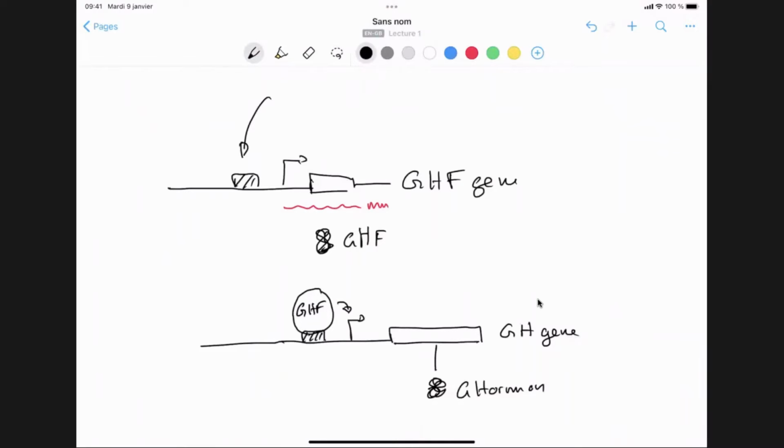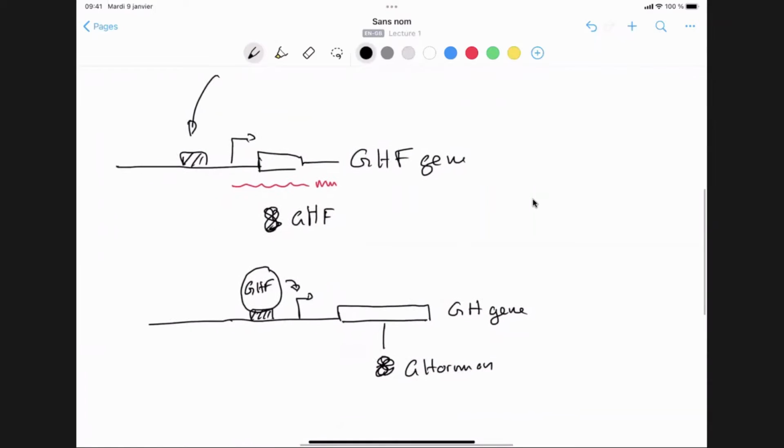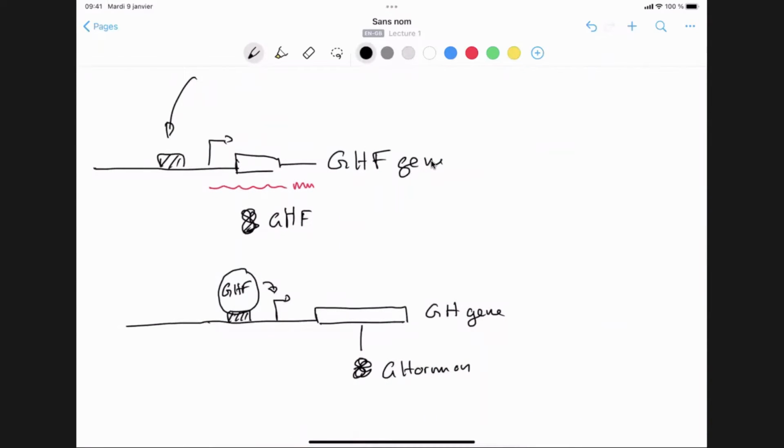Okay, so let's come back to our rats that are either normal or dwarf. If a rat is dwarf, it is because it doesn't produce the growth hormone. So there are two possibilities why it doesn't produce growth hormone.